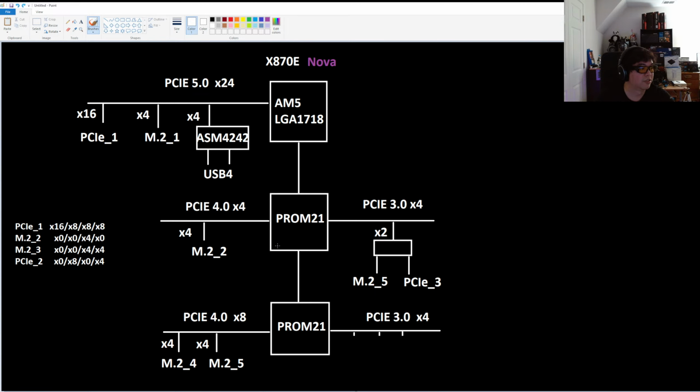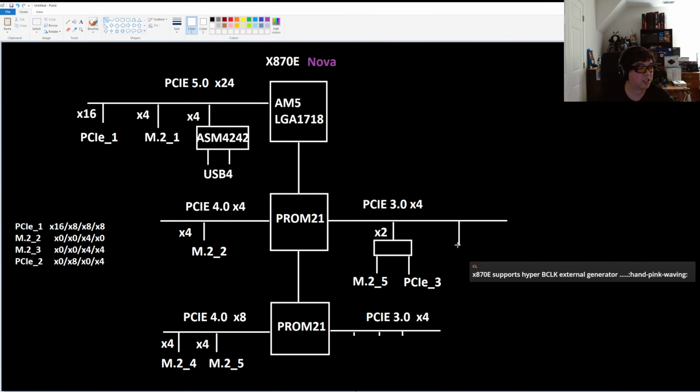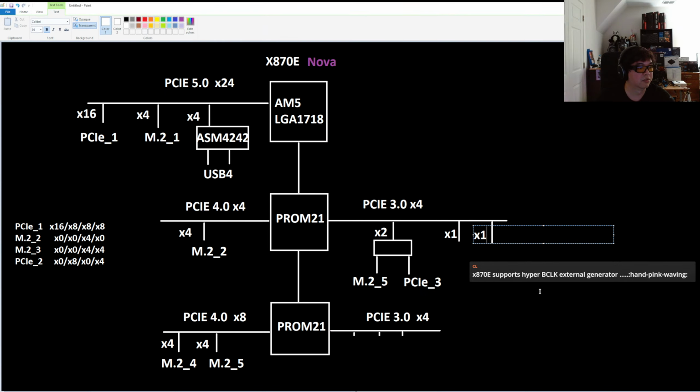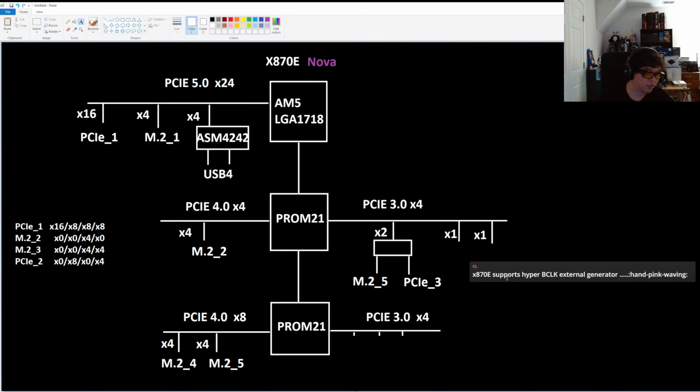All right, and then down here, oh, actually, we got to extend this out a bit. So now it has, okay, it has 2 SATA. 1, 2. Each one of these is 1 lane. Or actually, what I'll say is, this is 1 and 1.